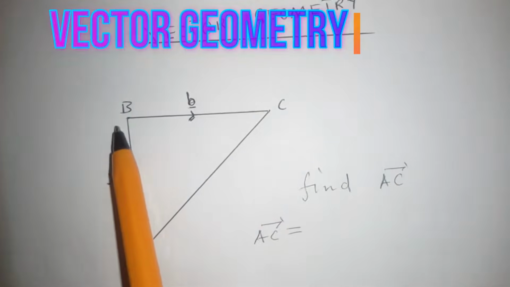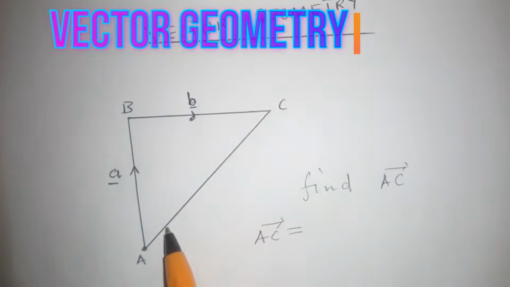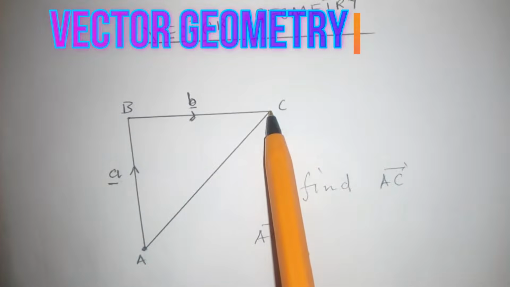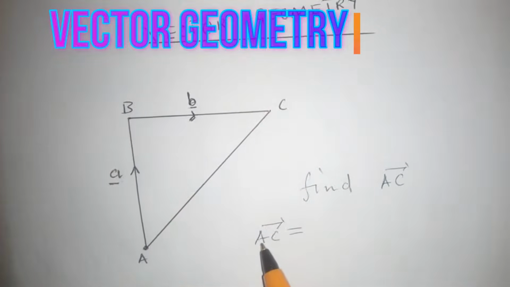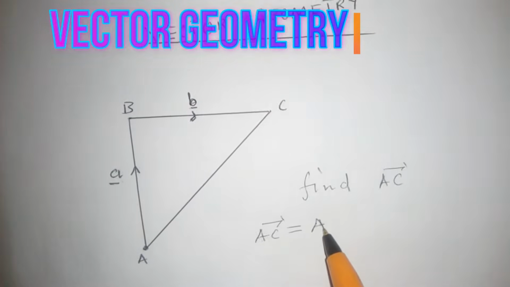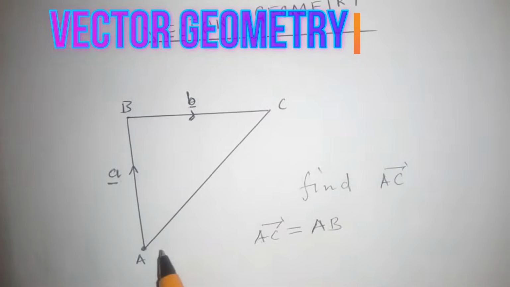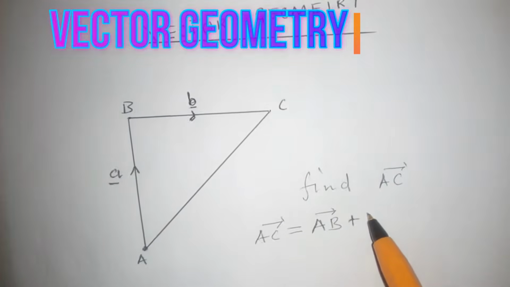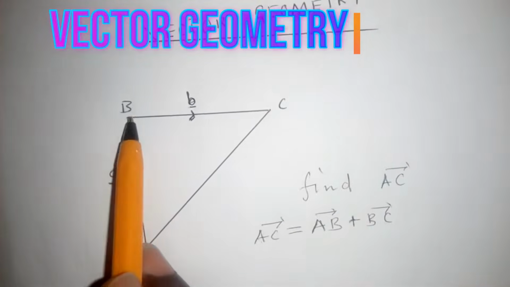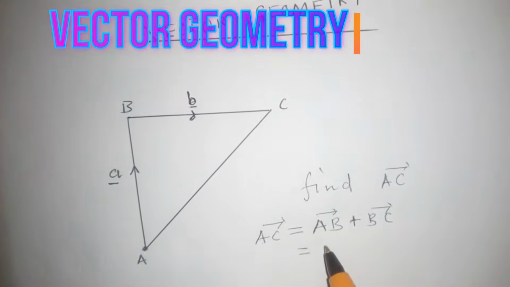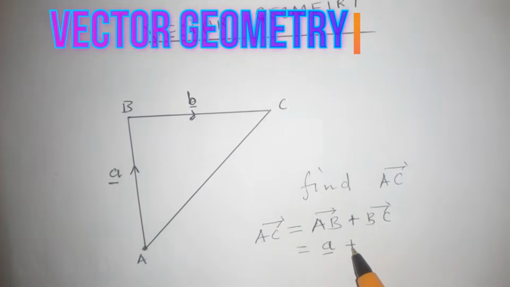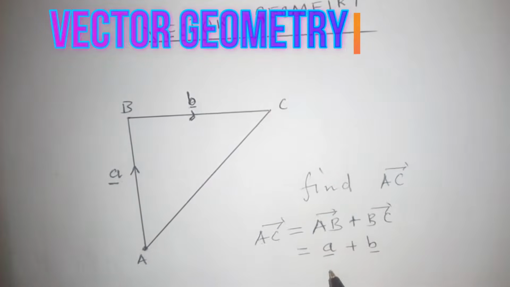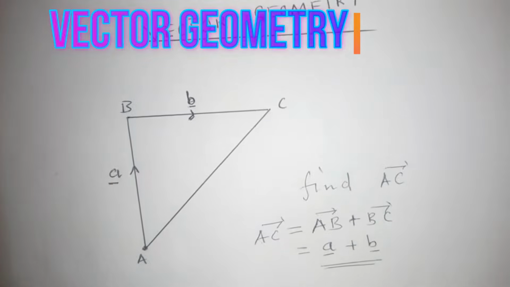It's A, B, B, C. Please don't make a mistake of starting from C. You are at A, so you check the letter which is starting, that's the one you start with. You say AC is equal to vector AB plus vector BC. So vector BC is over here. So you can plug in what is vector AB, which is A, plus BC. So this is the answer.